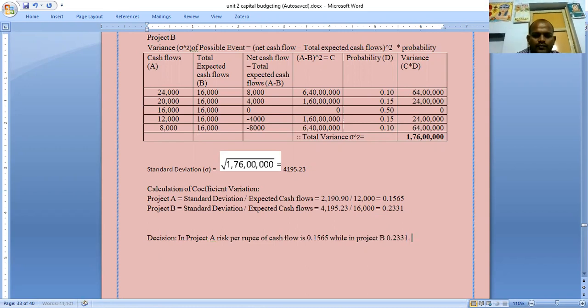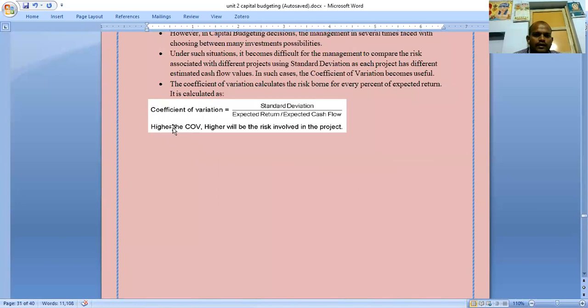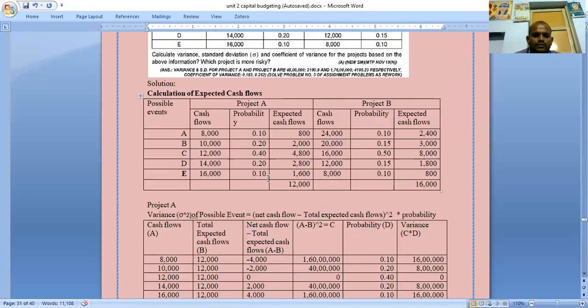Therefore, project A is better than project B. So higher the COV, higher will be the risk.